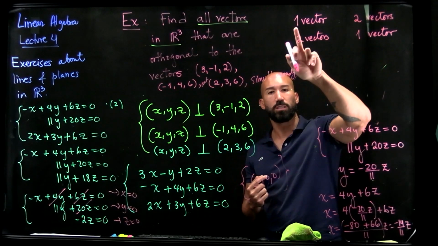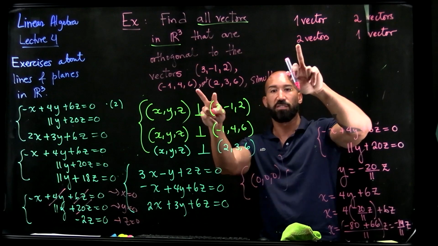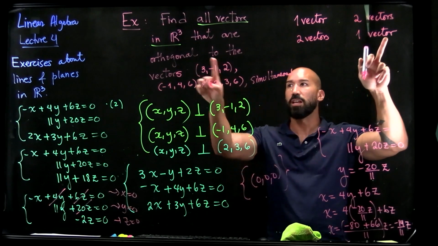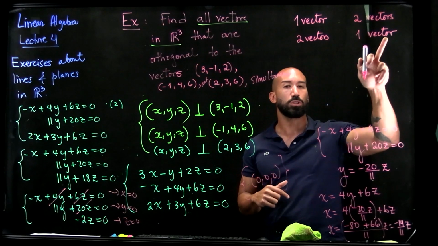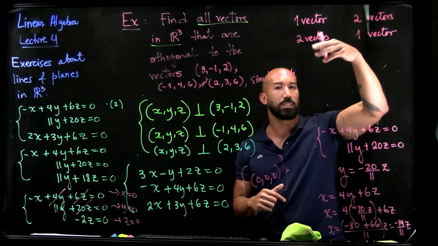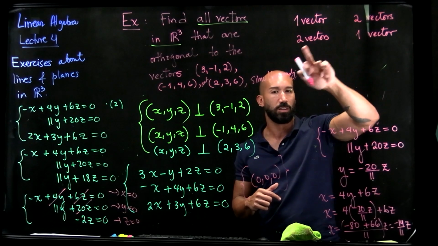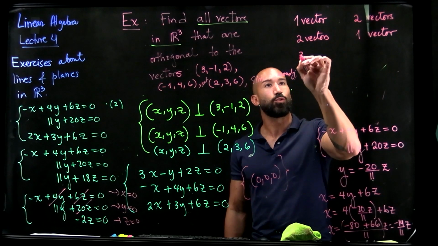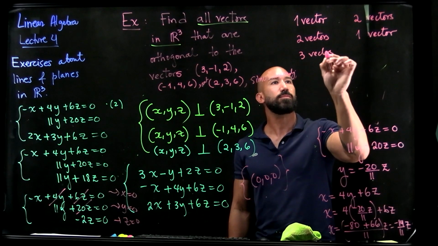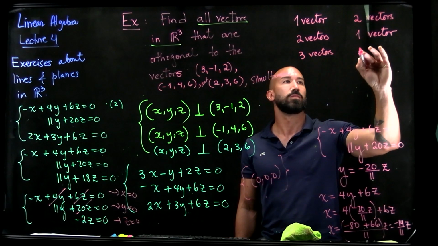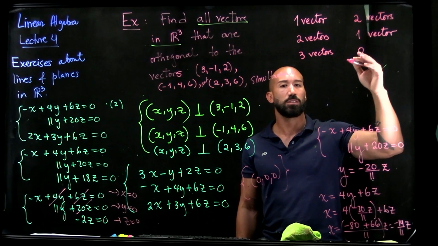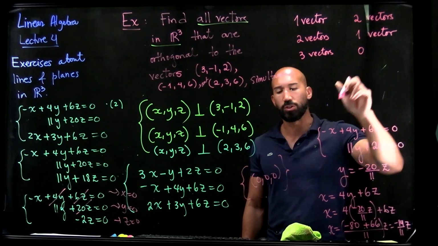If I increase the number of given vectors, the dimension of the linear object that is solution to this problem decreases by the same number that I increased it here. Okay? When I gave you 3 vectors, the dimension was 0.